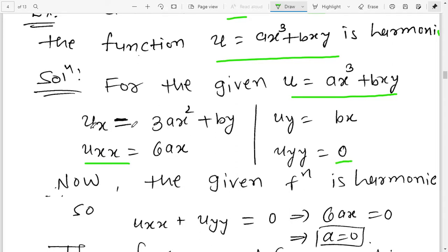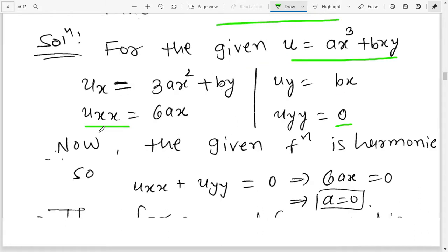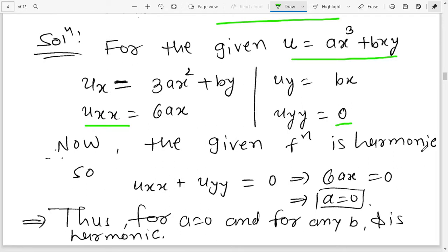So ux is equal to 3ax square plus by, and again differentiating this with respect to x partially, we get uxx equal to 6ax, and uy is equal to bx, and uyy is equal to 0. So the given function is a harmonic function.